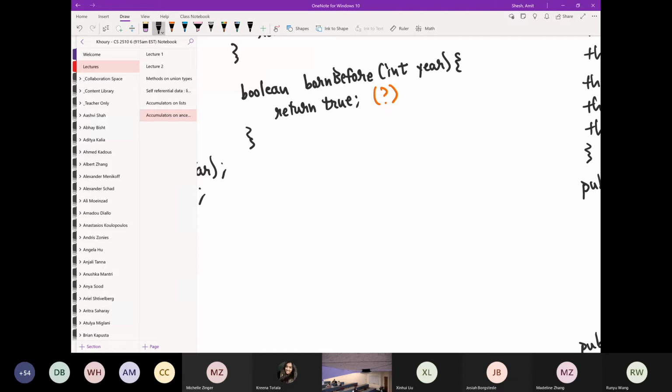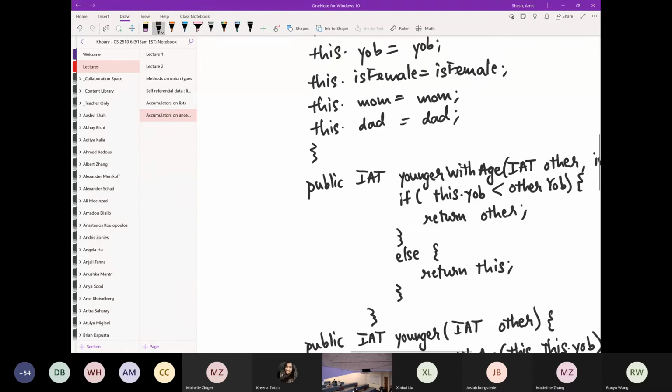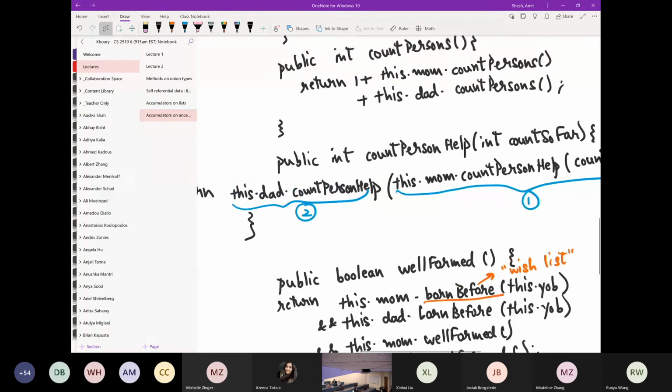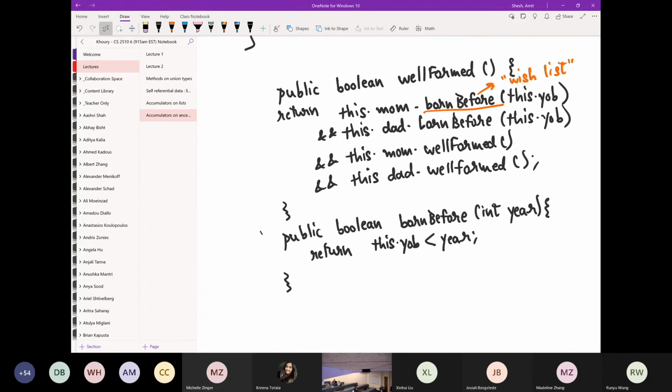Not only do I not have a good way of saying I don't know, because this method returns a Boolean, but what this method returns is going to make this method work correctly or not. Okay, so we'll put a pin on that.